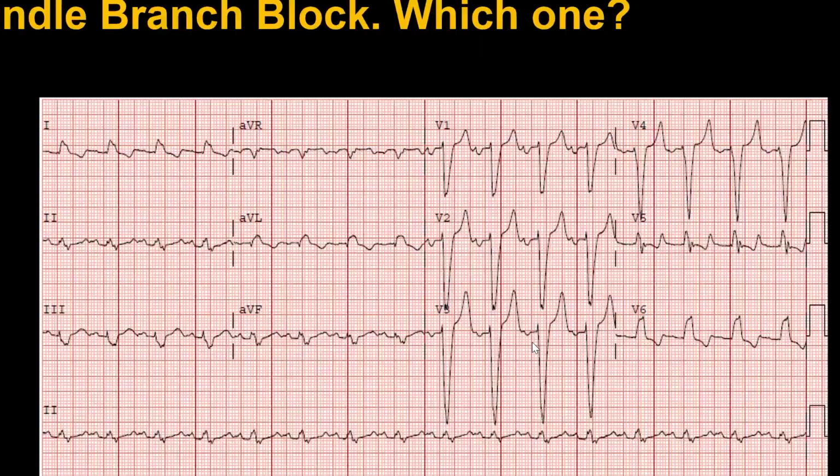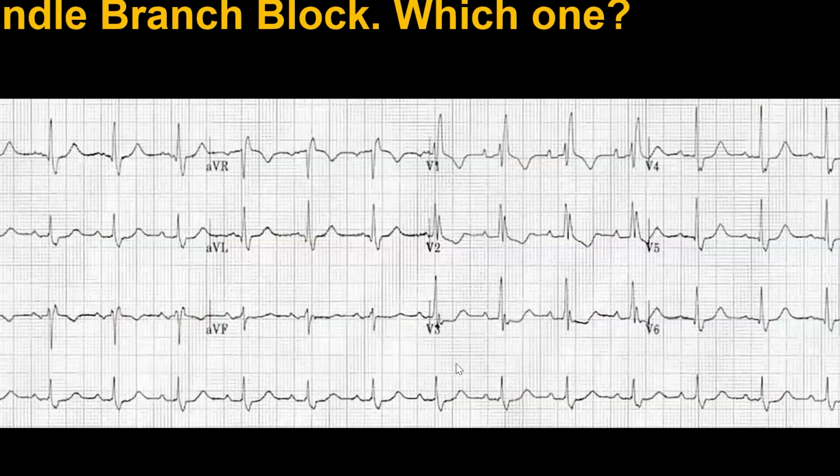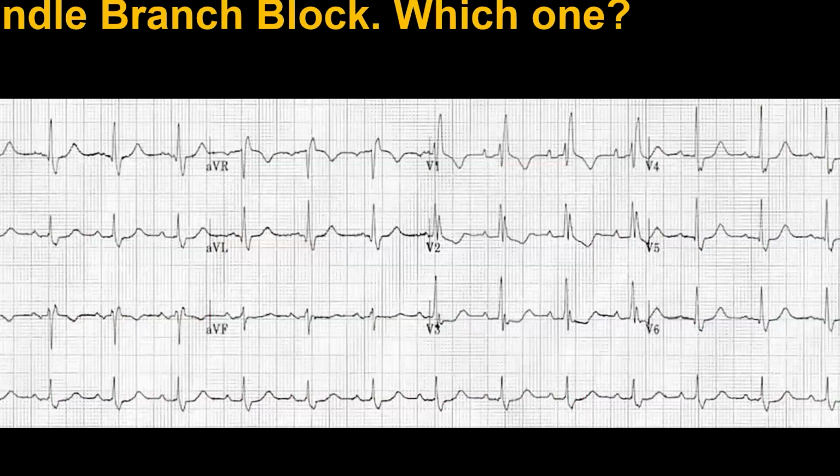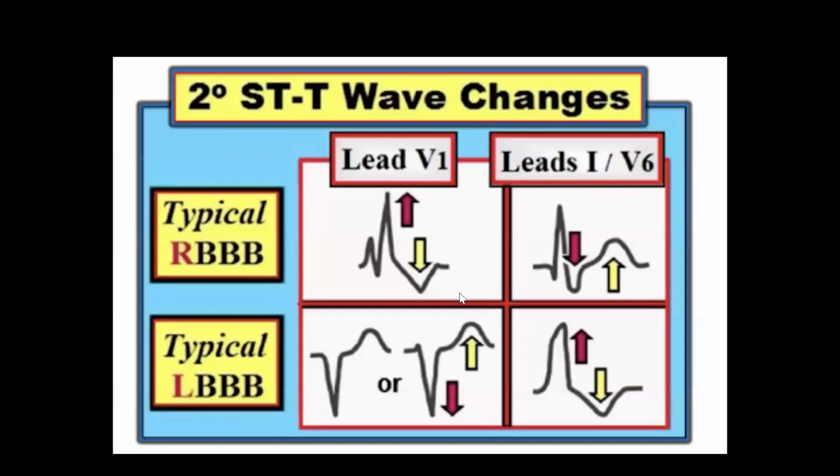Okay. So I've already shown you this. And I've shown you this. All right. This is left bundle branch block. This is right bundle branch block. Now the ST-T abnormalities are as follows. They are in a direction opposite the major QRS abnormality.